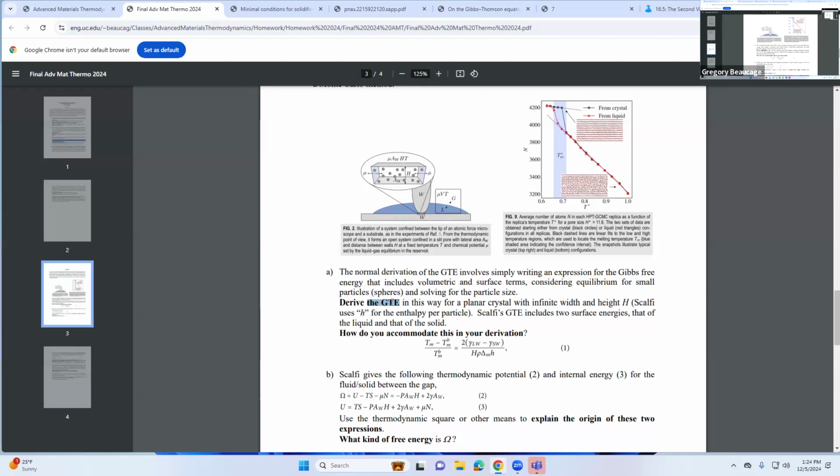We had that equation. If you're talking about an infinitely large crystal, then you're at, call it, T infinity, and then delta G equals 0 at the melting point. So T infinity would be the melting point.